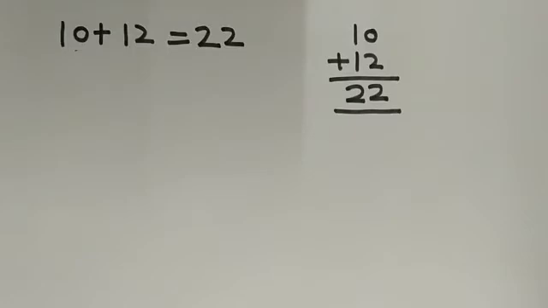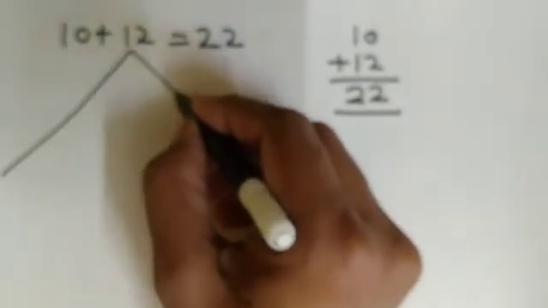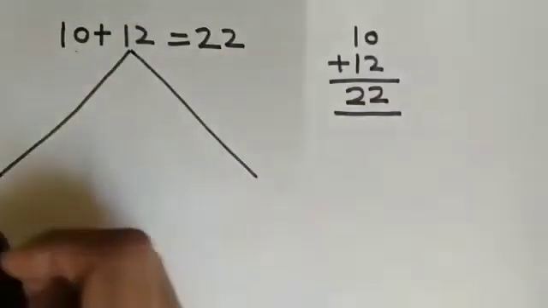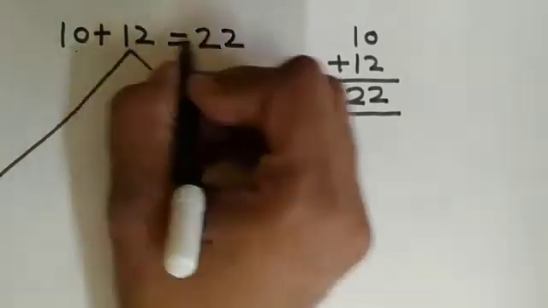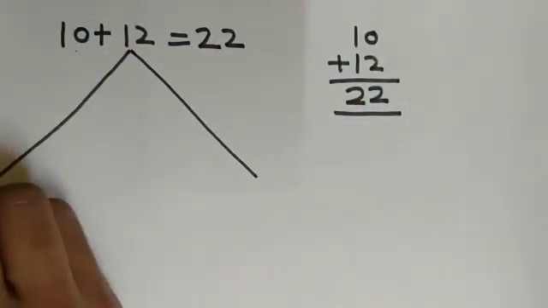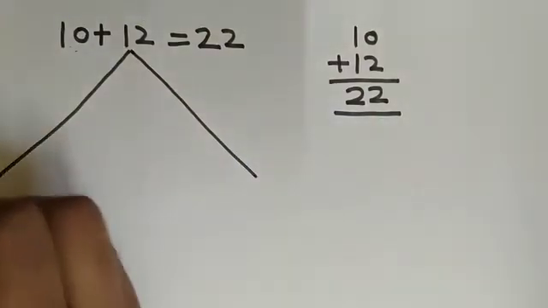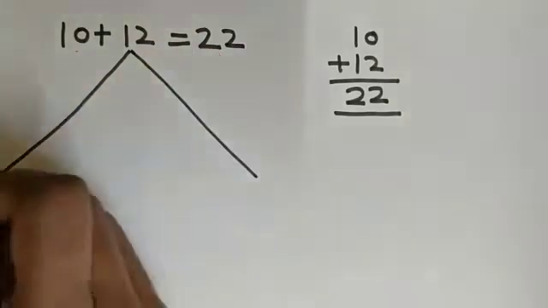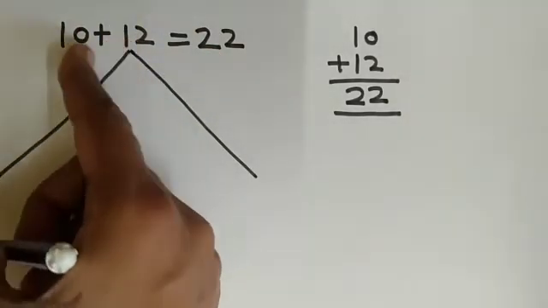So children, when we subtract any one number out of these two numbers from the sum, we will get the other number. Like here we have the sum 22. Then subtract any one number from this.